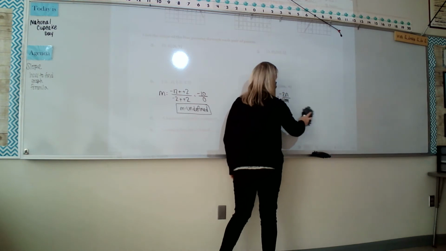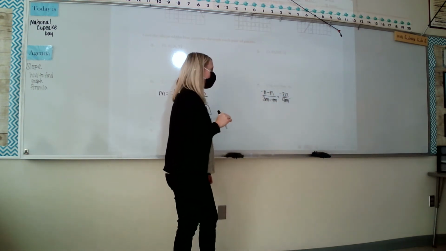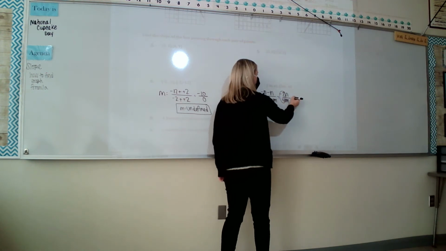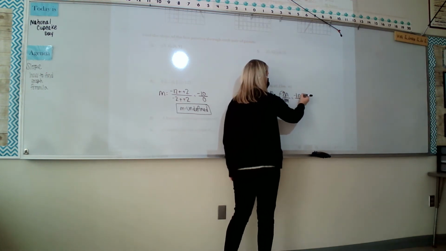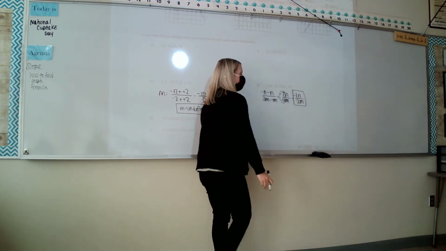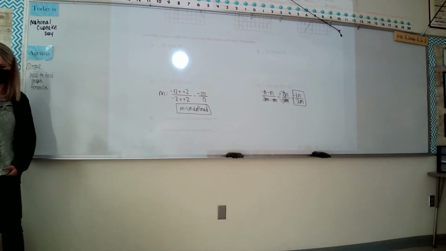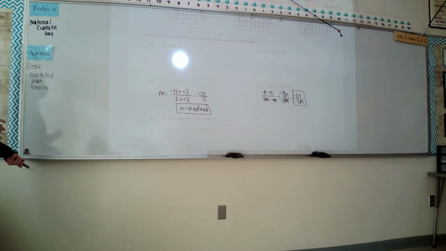There's that. I can reduce this. I know n and m aren't the same, but I can reduce negative 2 over 4, right? So my final answer would be negative 1n over 2m. Yeah, we're going to still have variables in the answer. Perfectly fine. Why not? Anything we can plug into, you can plug in a number, a variable, or whatever you want. So that was 6 and 7.